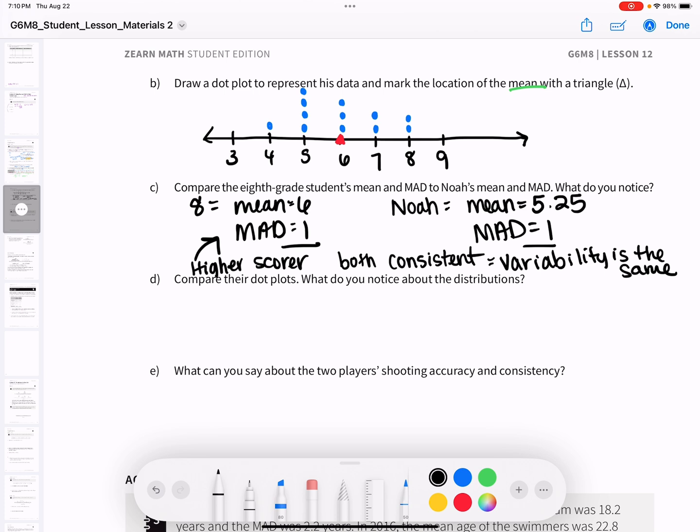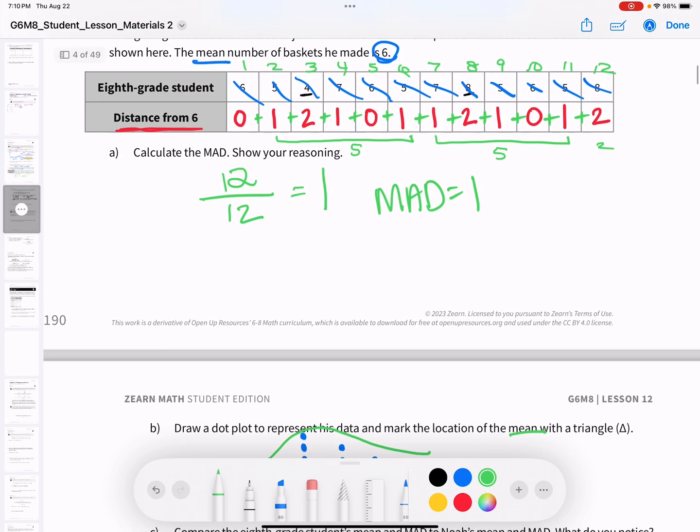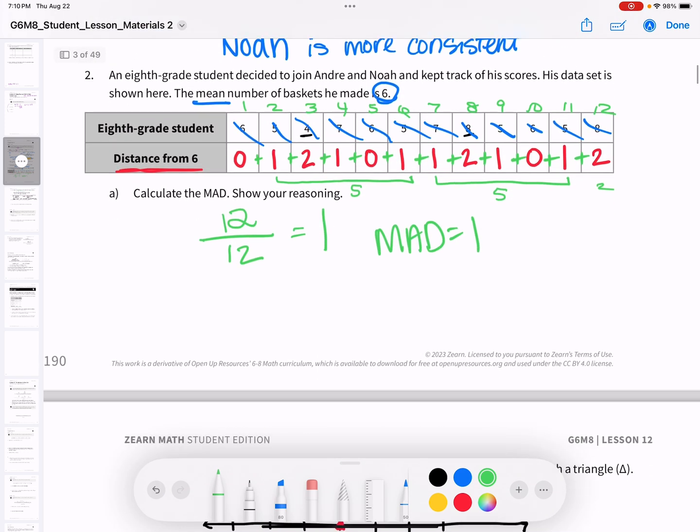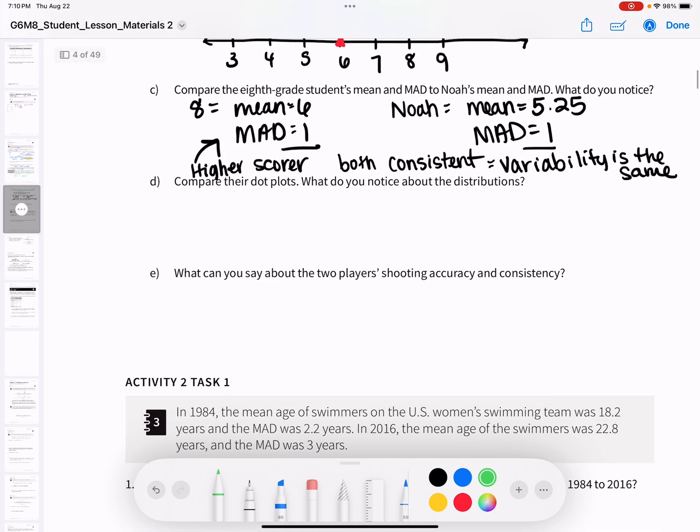Compare their dot plots. What do you notice about the distribution? Okay, so let's look at this distribution. This one goes up, and let's go up to Noah's. Noah's goes up too. So they have a pretty similar distribution.